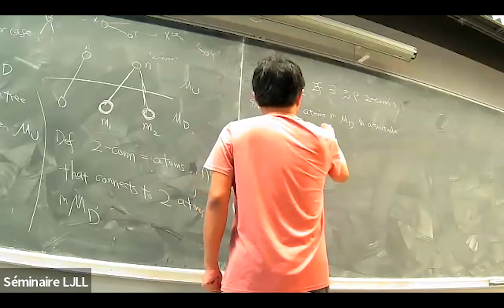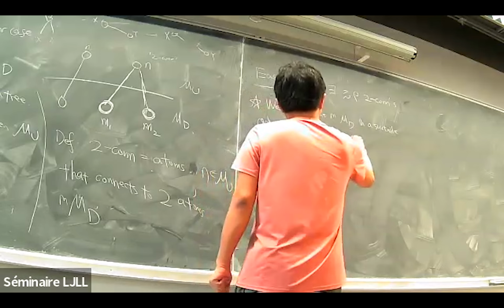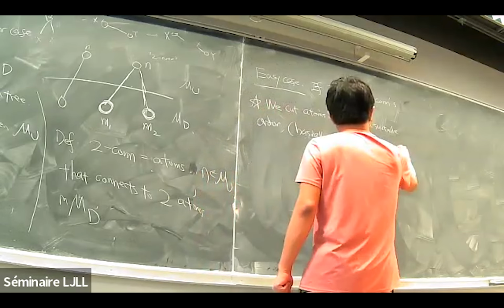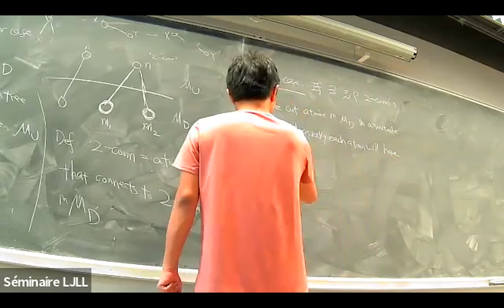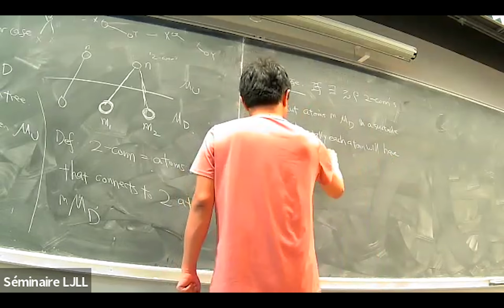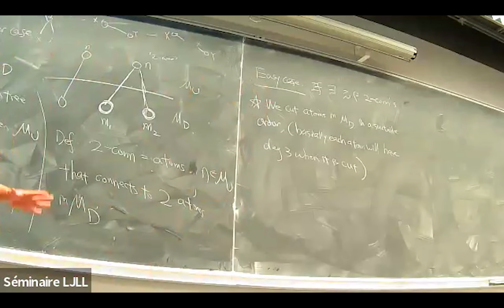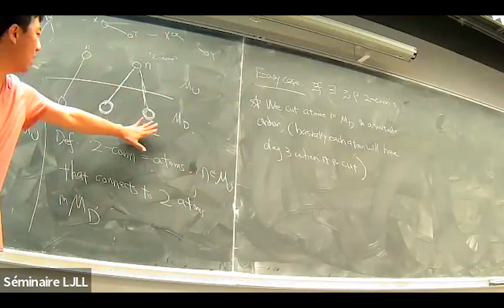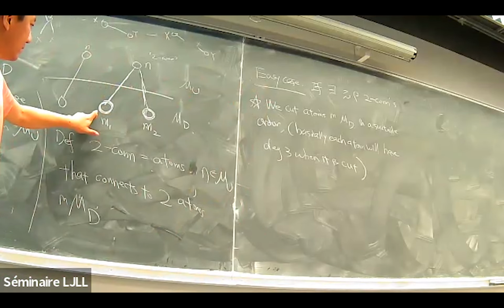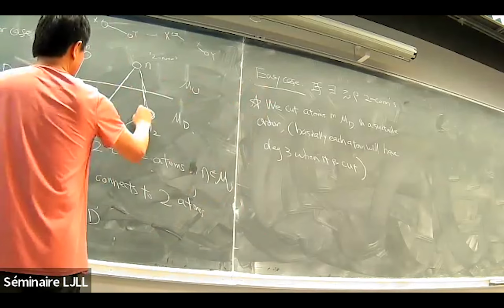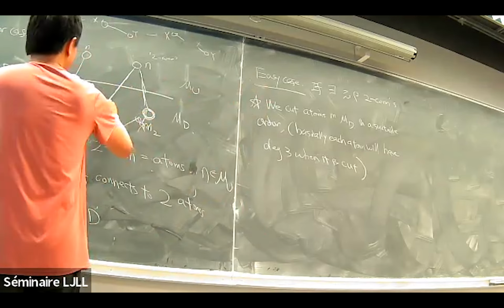Basically, each atom will have degree 3 in a cut. Why degree 3? Of course, the first atom you cut will have degree 4. But once you cut one atom, subsequently you cut the atom that's connected to it, because M2 is connected.